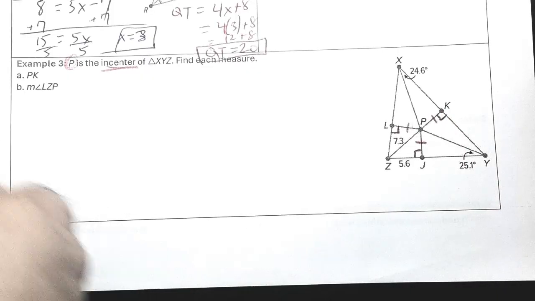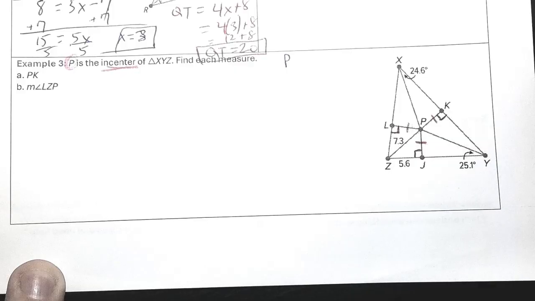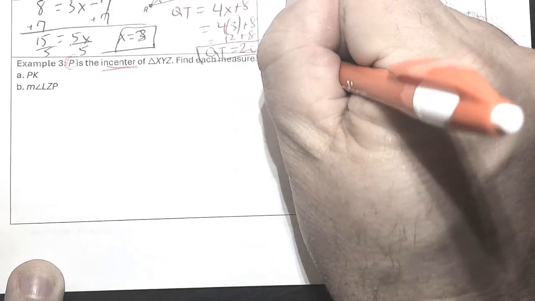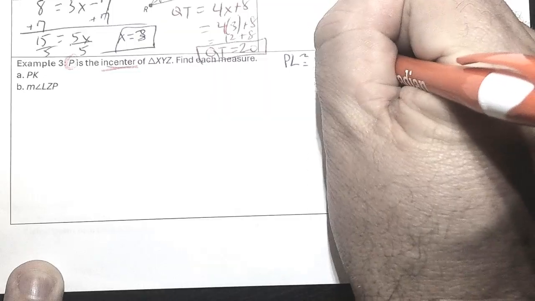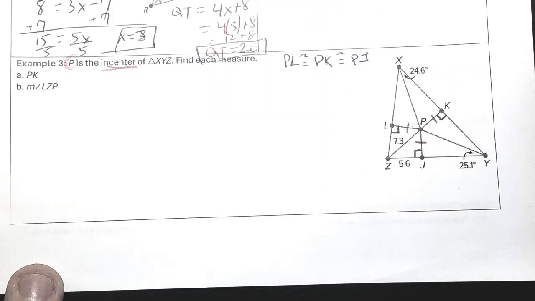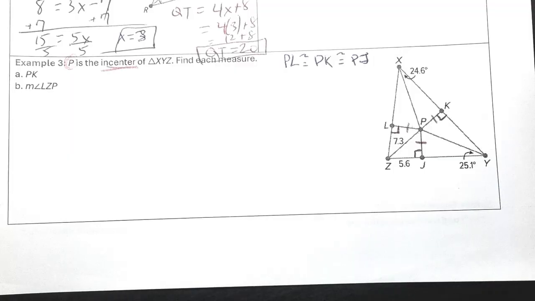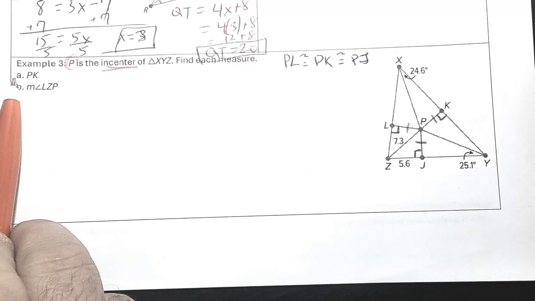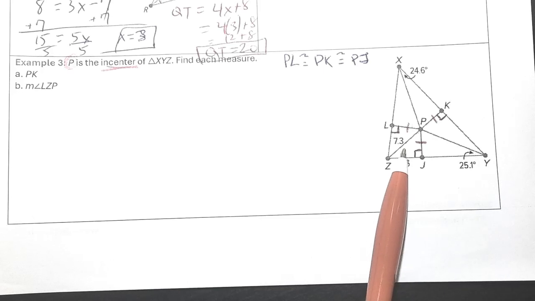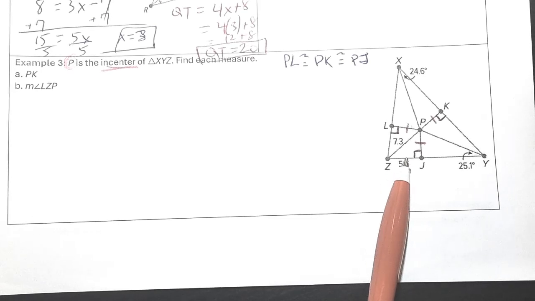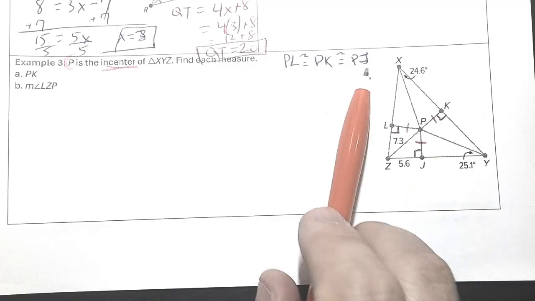So we're going to write this up here: PL is congruent to PK, is congruent to PJ. So here, here, and here. For part A, they want us to find PK. So we have two sides over here. If we find this one, we find this one, because PJ and PK are congruent.